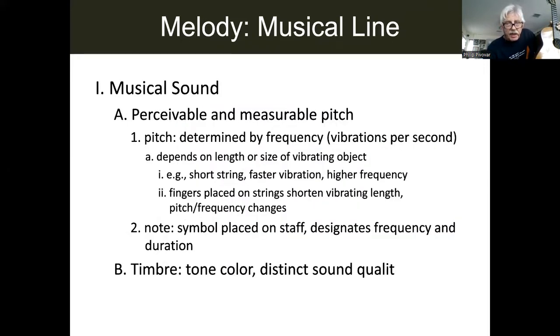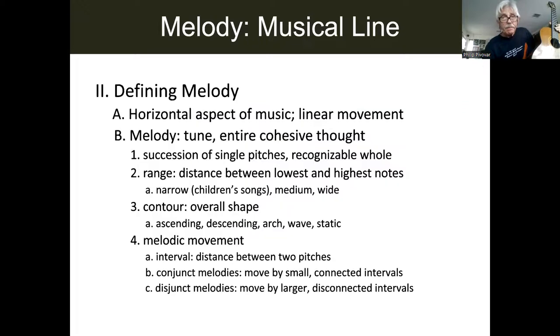So we talked about timbre in another video, right? Tone color, distinct sound quality. We said the difference between a trumpet and a violin or a guitar, even though they play the same pitch. So we already talked about this, right?